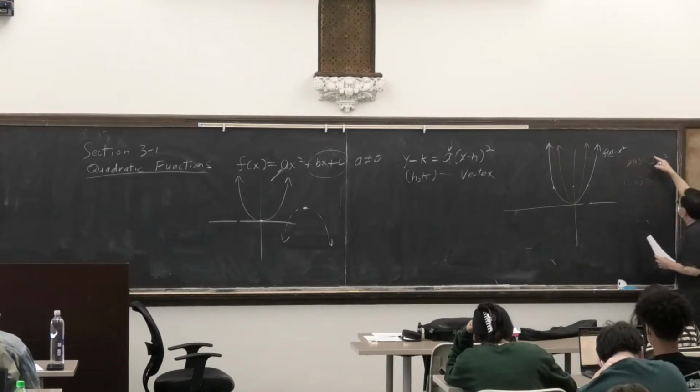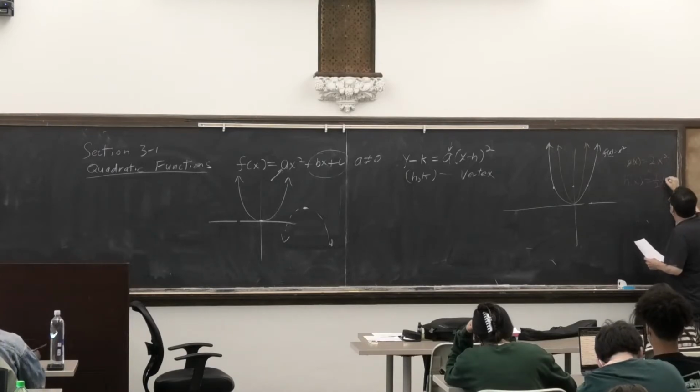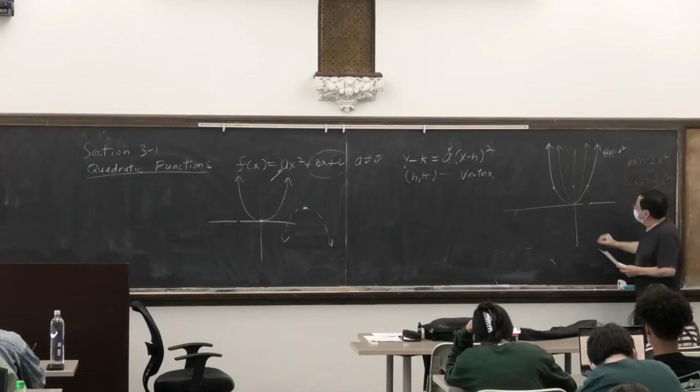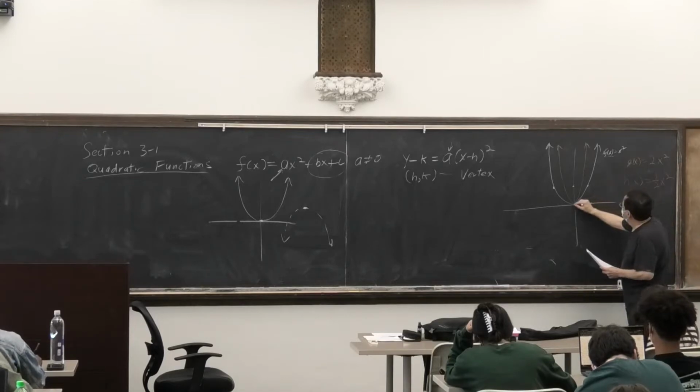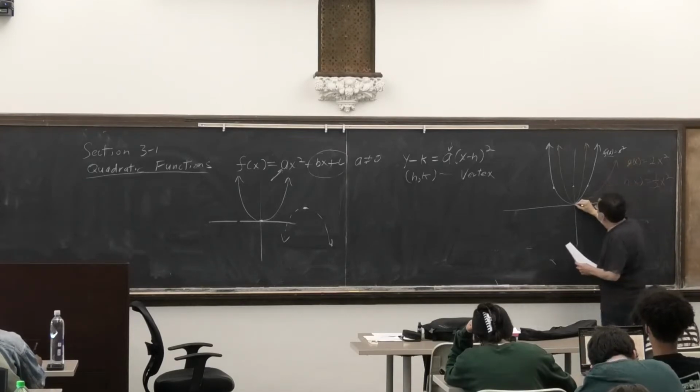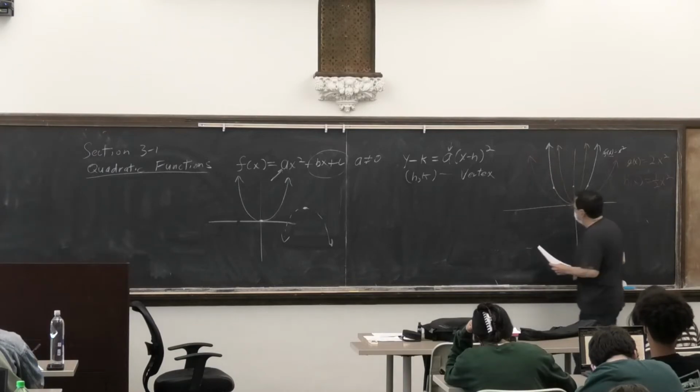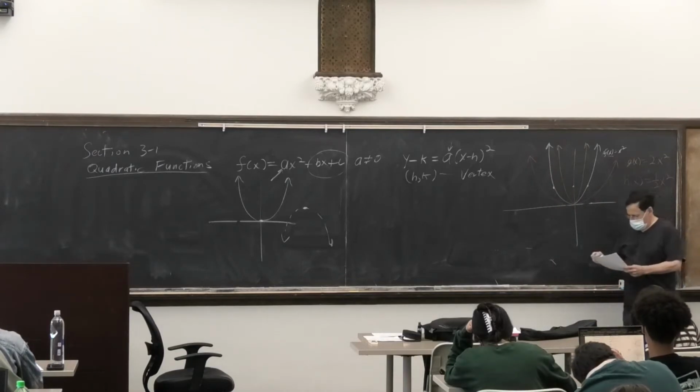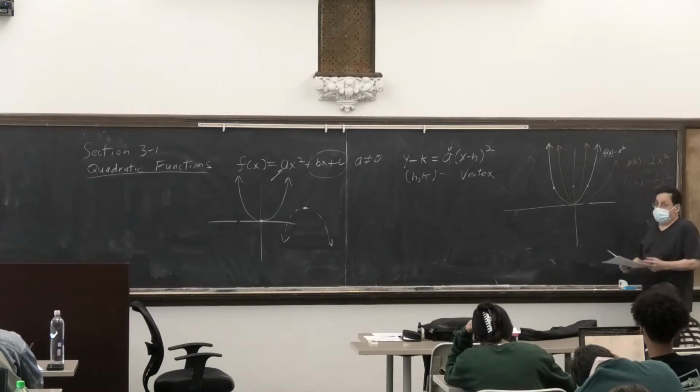Instead, this number is smaller than 1. What happens then? Well, it takes longer for it to move up, so it flattens out. So it's shallower.